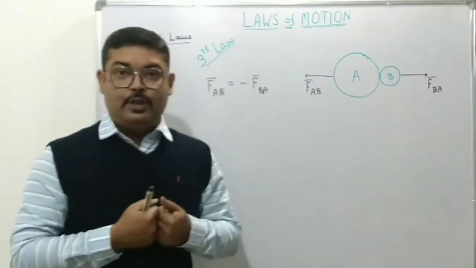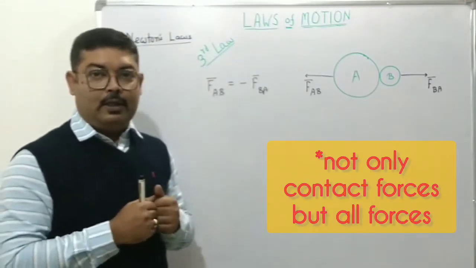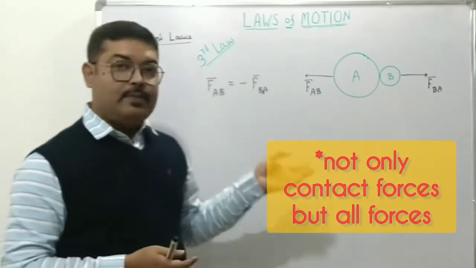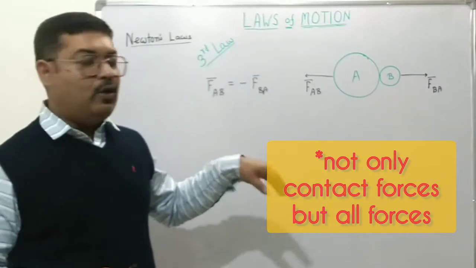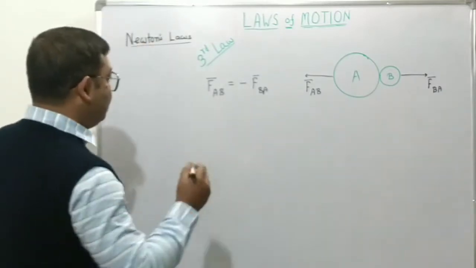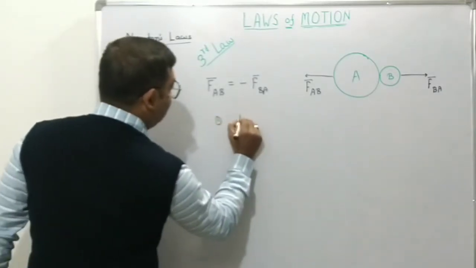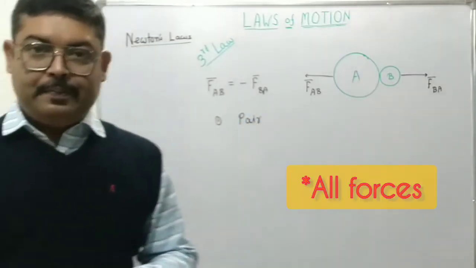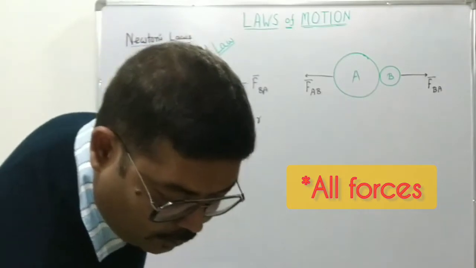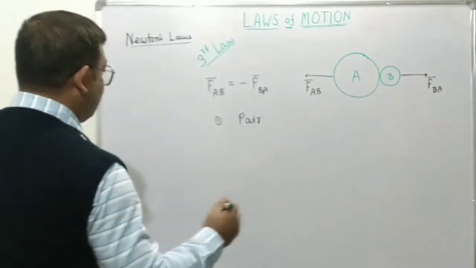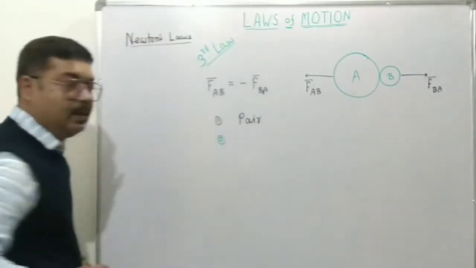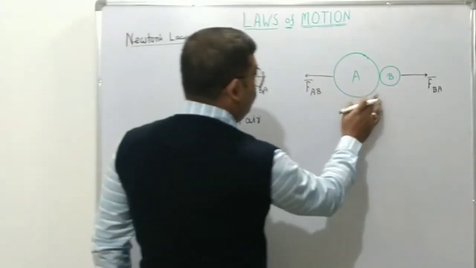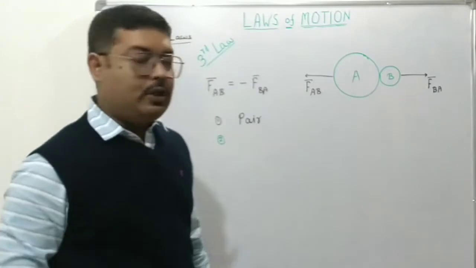That is, contact forces. If two objects are in contact, then they will exert force on each other, and these two forces must be equal to each other and opposite to each other. Number one, forces exist in pairs, contact forces. That is, when objects are in contact. Number two is that of these two forces, one can be called the action.